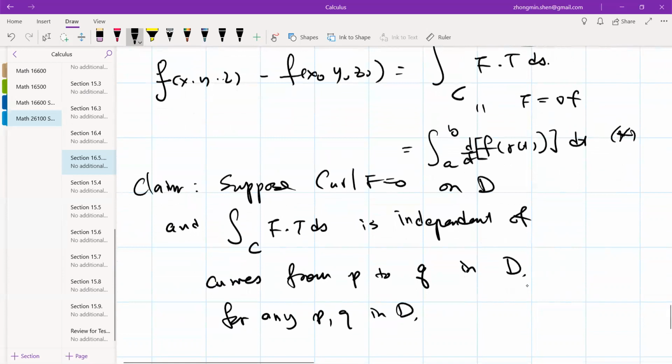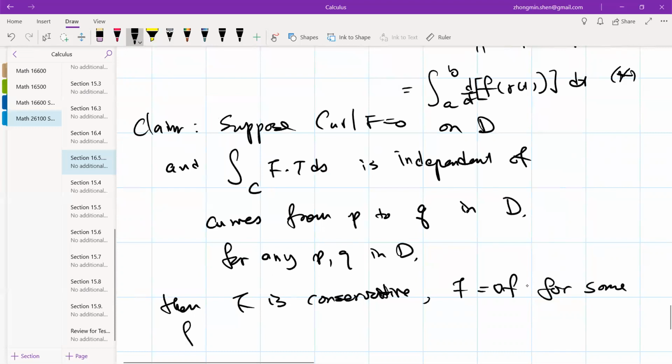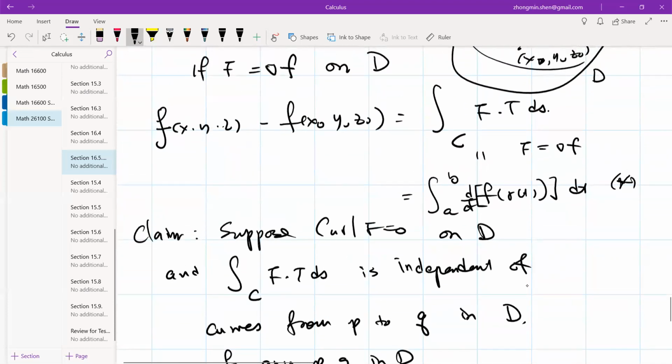Suppose you have this property, then F is conservative, namely F equals the gradient of some f, and moreover that f is constructed by the above formula.